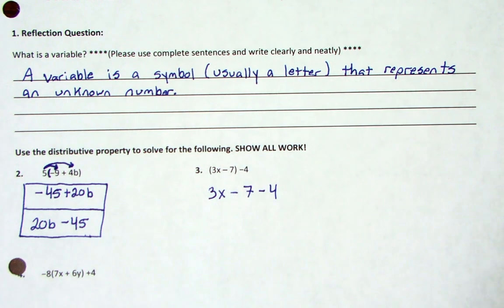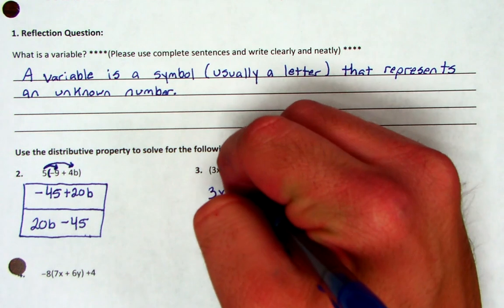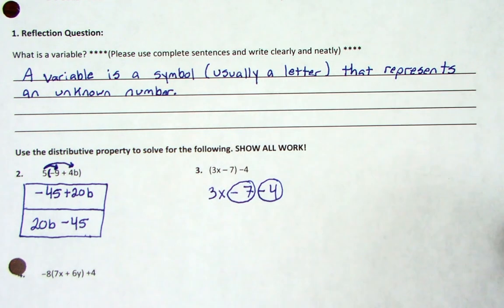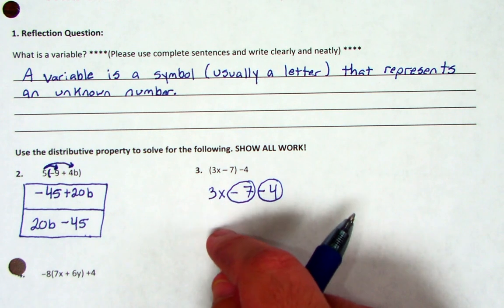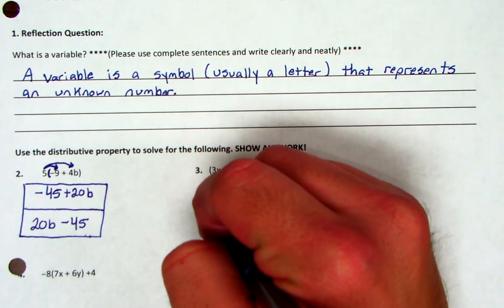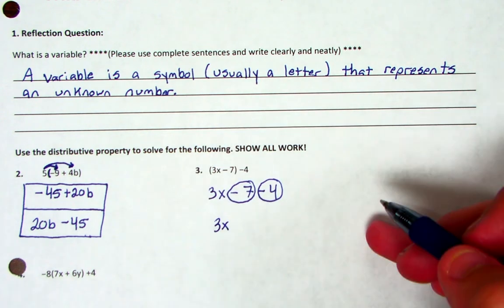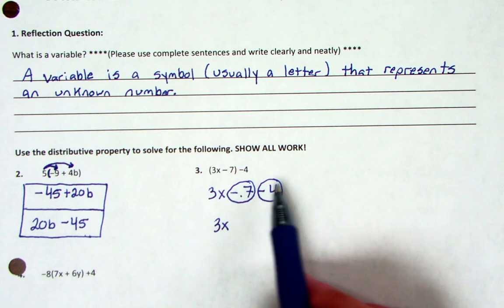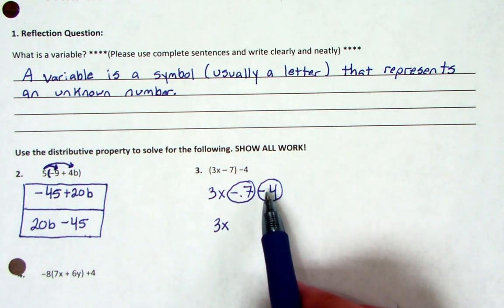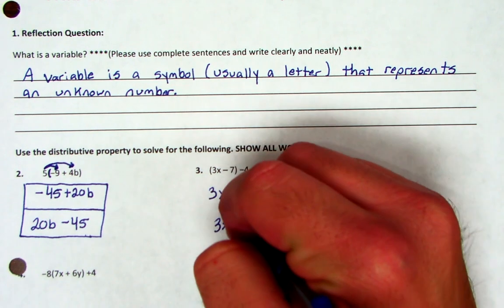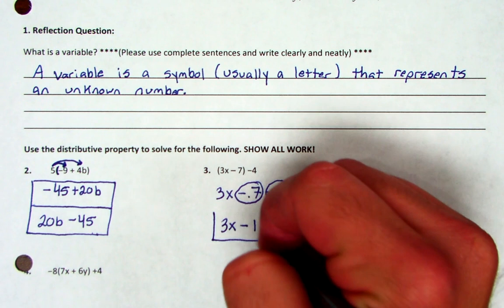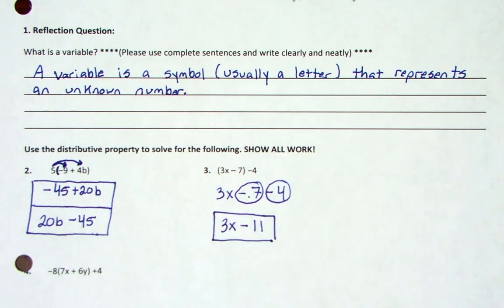Are there any like terms that I can combine? Yes, this negative 7 and this negative 4. I didn't touch the 3x, so bring it down. In terms of money, if you owe me $7 and you borrow another 4 from me, you now owe me $11. That is as far as you can go. You cannot combine anything else.